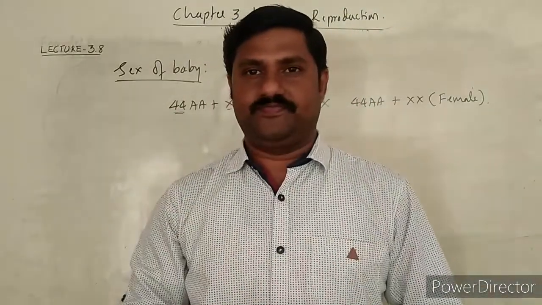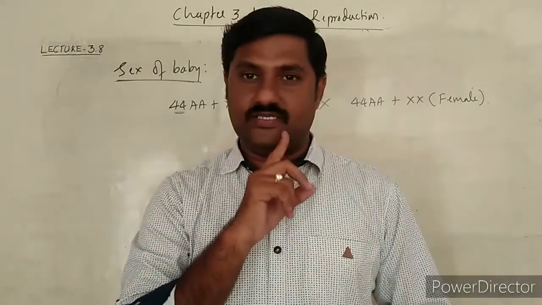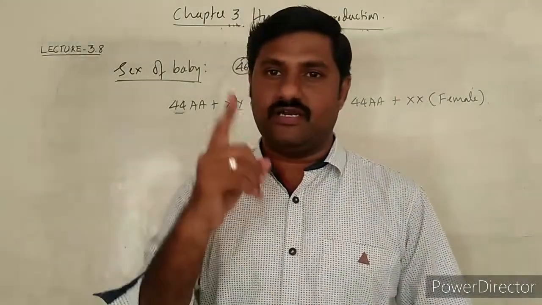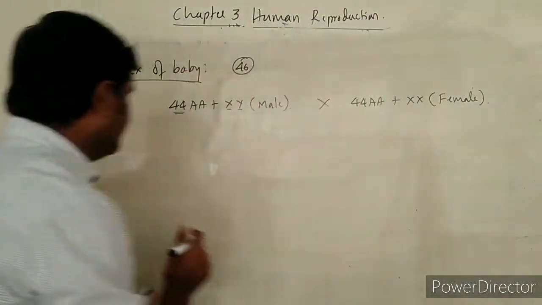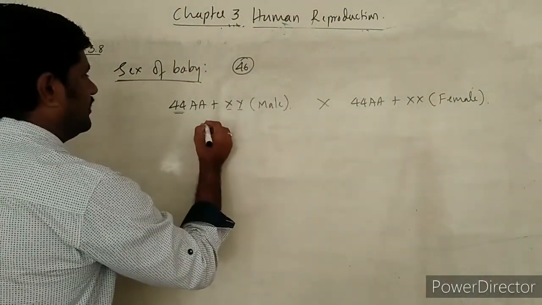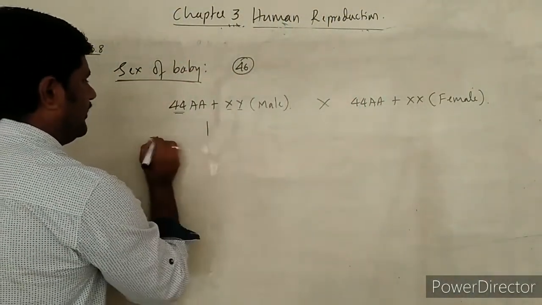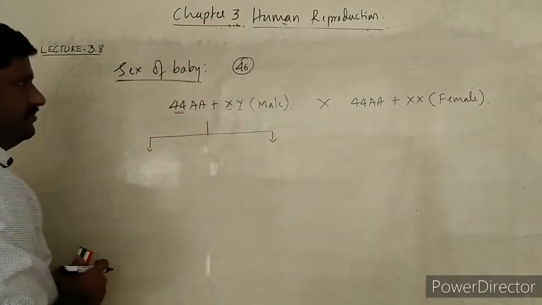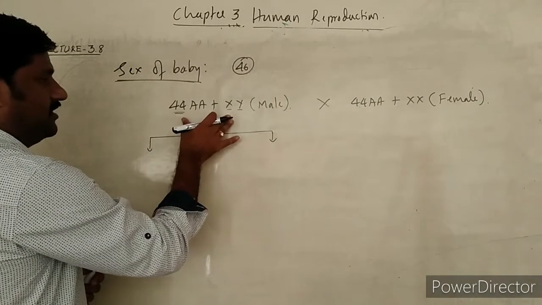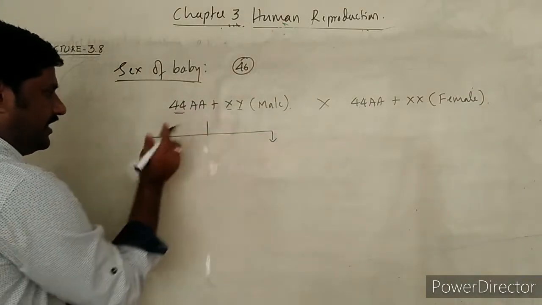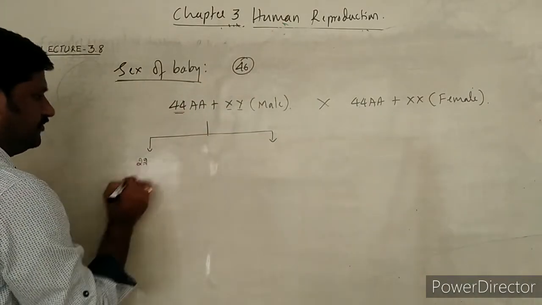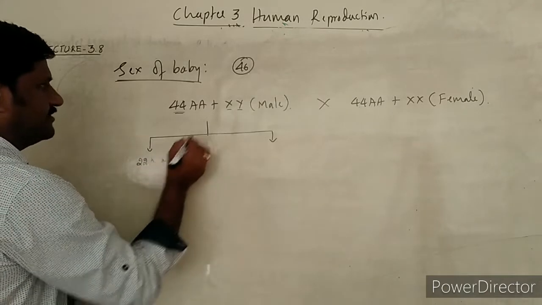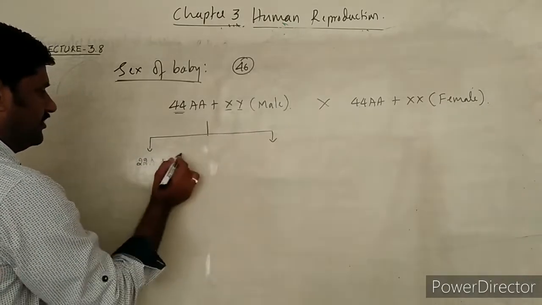Now during gametogenesis or gamete formation, the meiotic division occurs. Already I have mentioned, right? Whenever meiosis occurs, this male parent is going to form the sperms. How the sperms are formed, let us see. 22 autosomes will be there, plus X. This X I have taken over here.